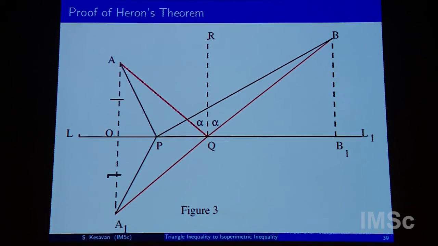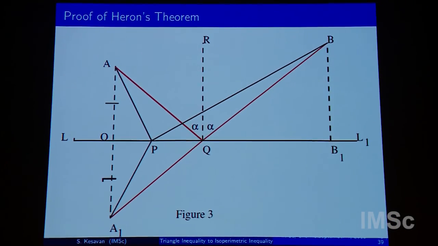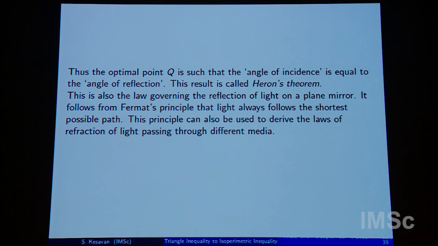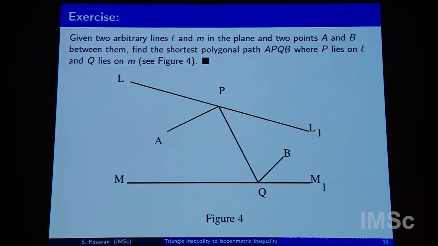Now let us look at another problem. This theorem is called Heron's theorem, which says that the shortest path is when you have this. So as an exercise, you can try this. You have two lines, LL1 and MM1, and two points A and B between them.